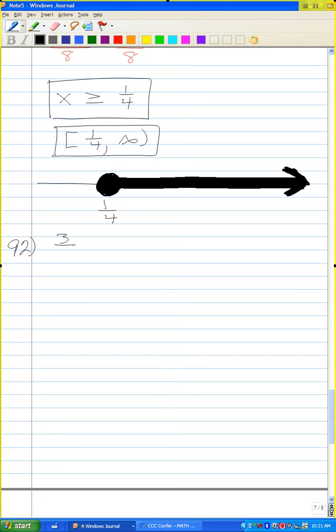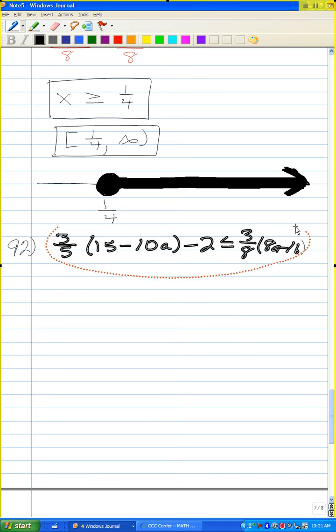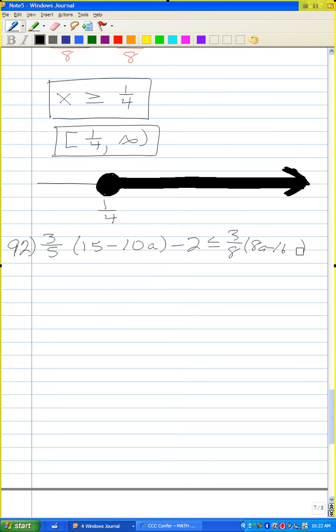3/5 times (15 minus 10a) minus 2 is less than or equal to 3/8 times (8a minus 16) plus 5.